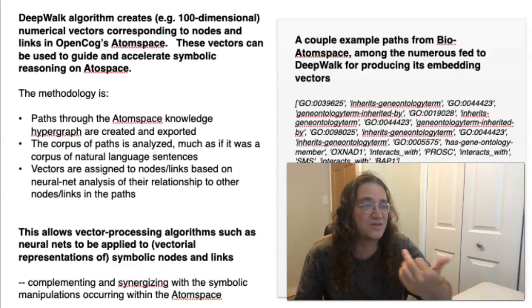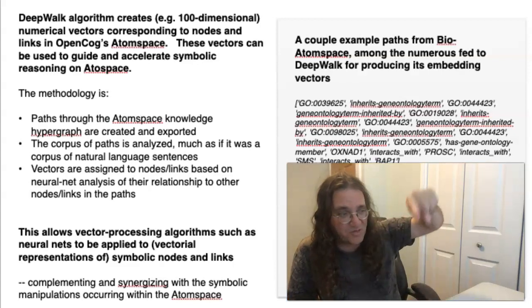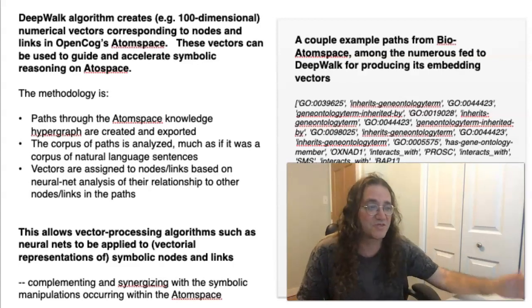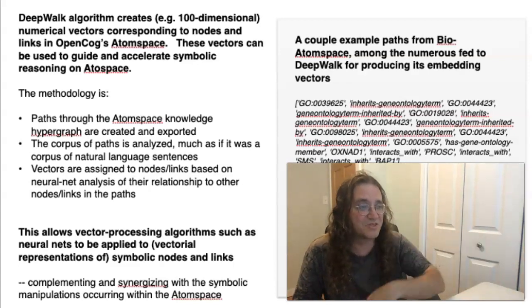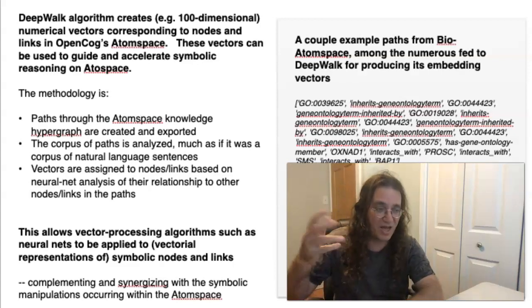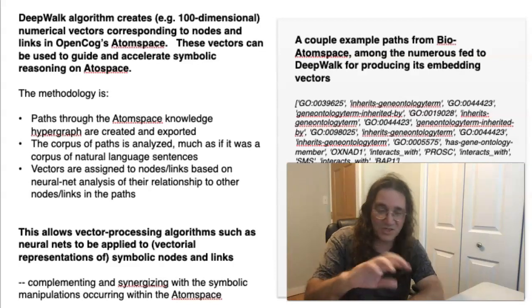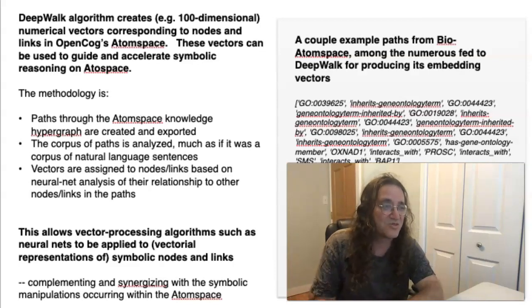And you can see at the right of this slide some examples of paths, which are just sequences of nodes that can be followed through the bioatom space. Of course, the naming conventions in biology are confusing. The nodes beginning with GO are gene ontology categories, which are biological processes, molecular structures, and so forth.